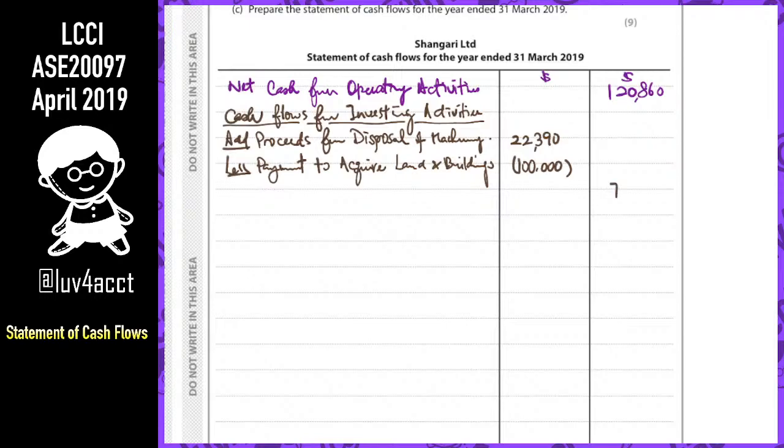So we have 77610 negative. Okay, that would be net cash used in investing activities. Again, it is normal to have negative cash flows for investing activities because you have to invest in the company, okay, to make it continue to run.